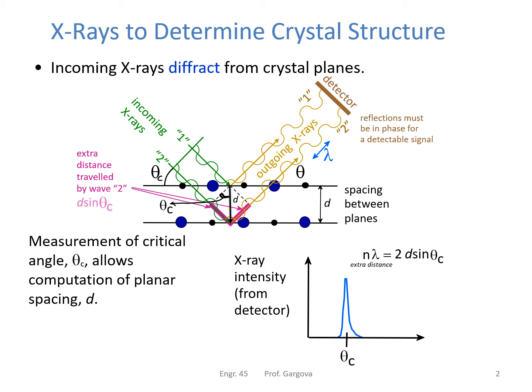And at this X-ray intensity, a high enough X-ray intensity, we would then see a peak at some corresponding theta c.